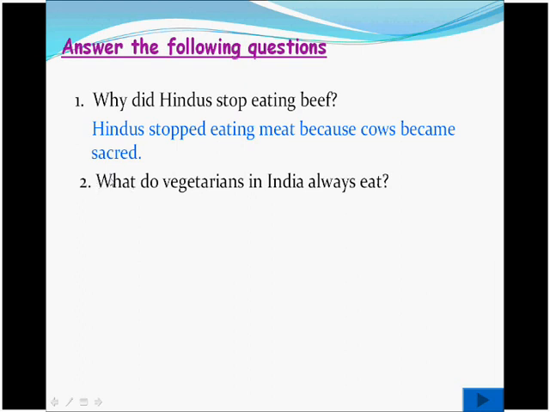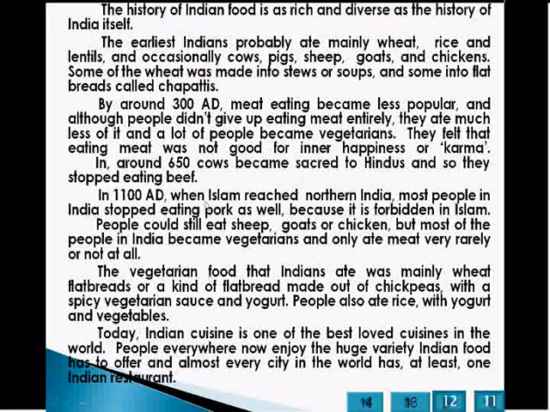Number 2. What do vegetarians in India always eat? The key word here is what? Vegetarians in India. Okay? And the type of food they eat. So let's refer to the text. I'll give you time to find the answer.